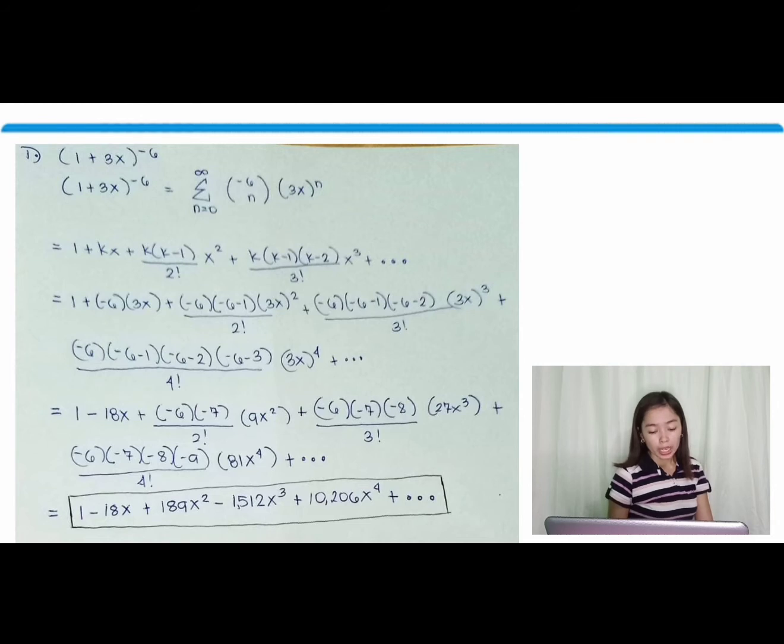So, we have to replace k with negative 6, and for x, we have the value of 3x.